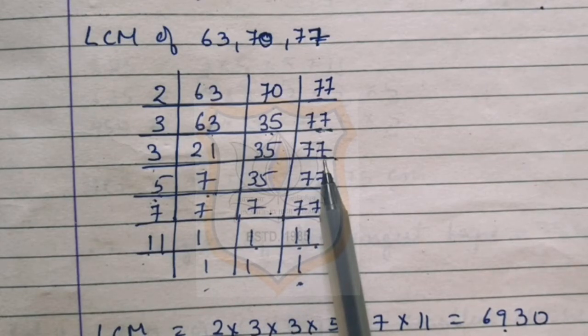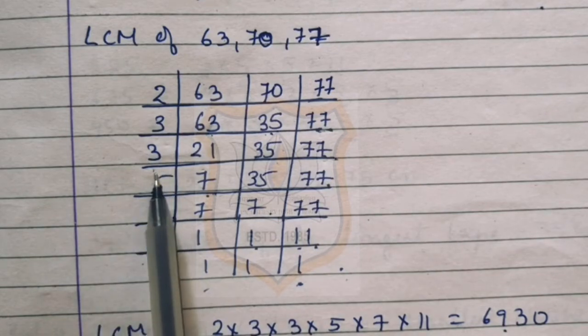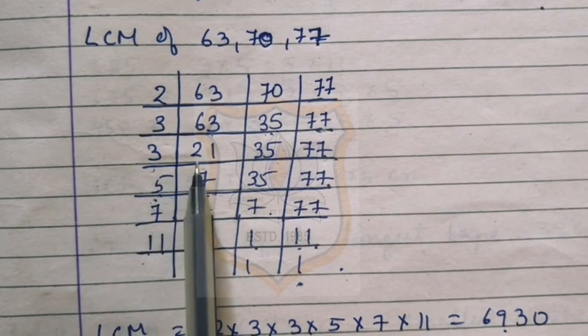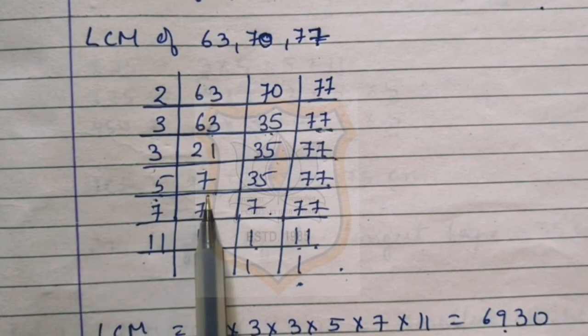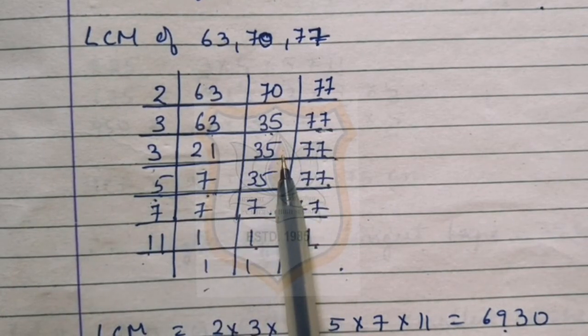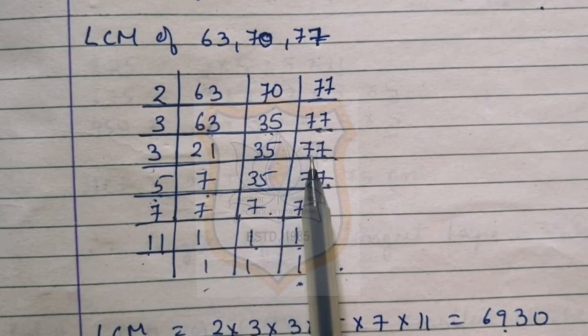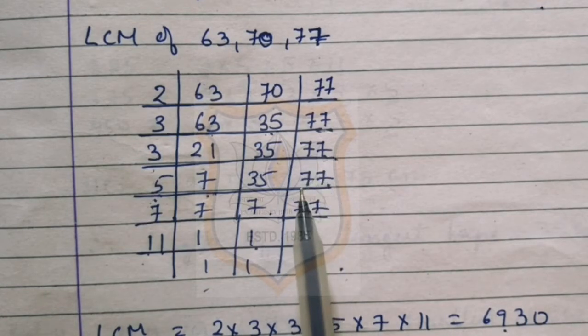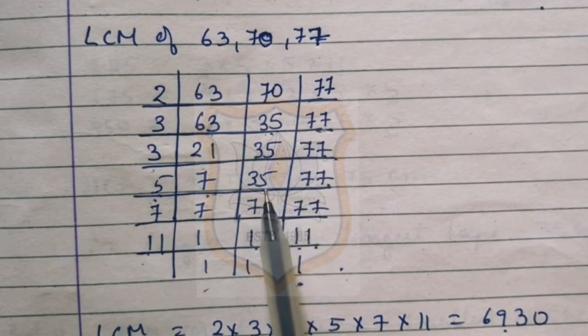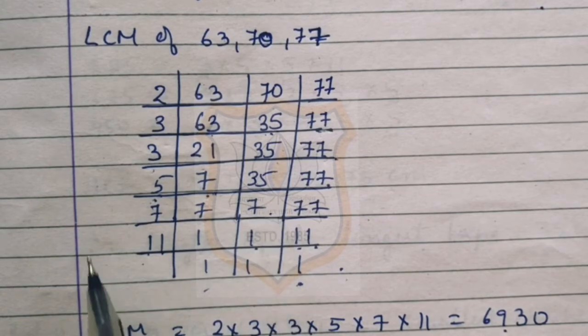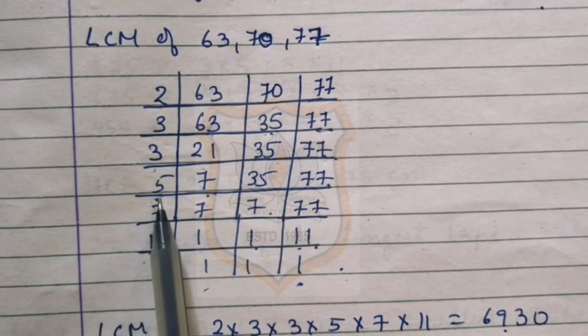Now again we have to divide these 3 numbers by a common prime number. Again we will take 3. By dividing 21 by 3 we will get 7 as quotient, and 35 and 77 are not divisible by 3. So we will write them as they are. Now we will take 5 as a prime number.